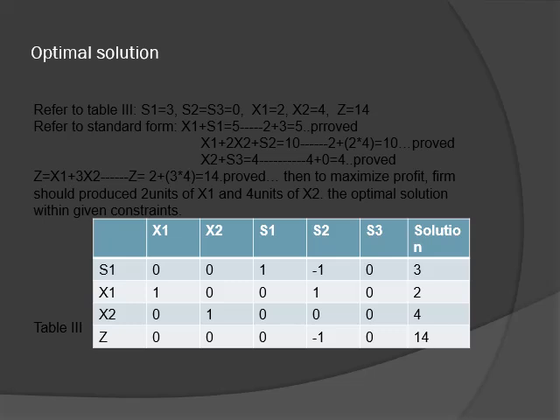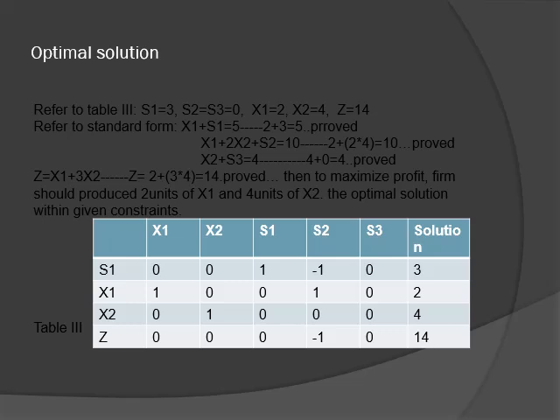Check the last column on the right side, the column of solution. S1 equals 3. There is no S2 and no S3, which means S2 and S3 equal 0. X1 equals 2. X2 equals 4. Z equals 14. Let's prove our findings.